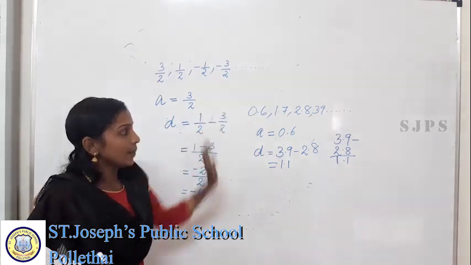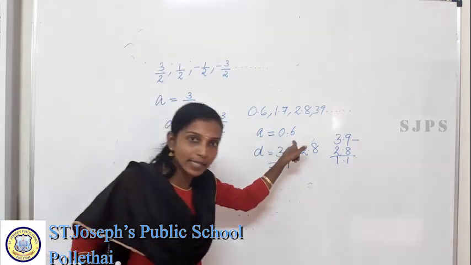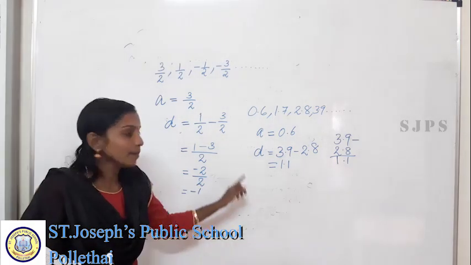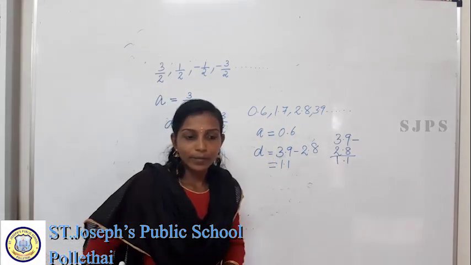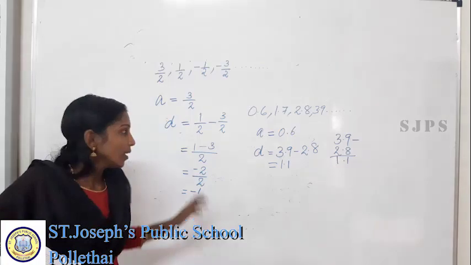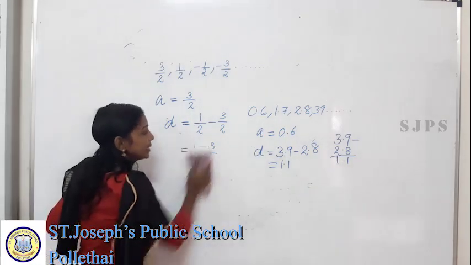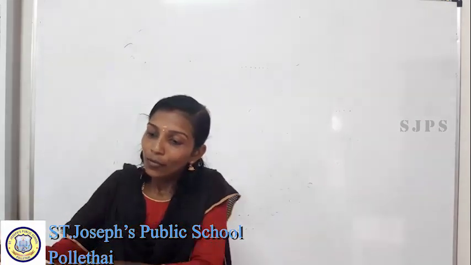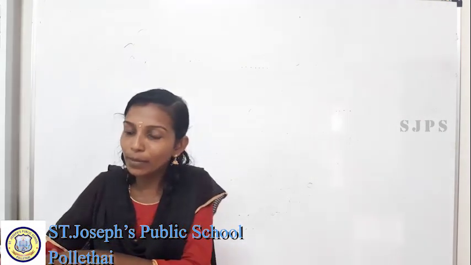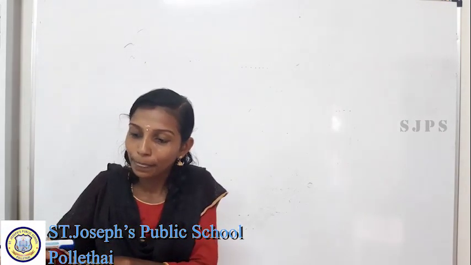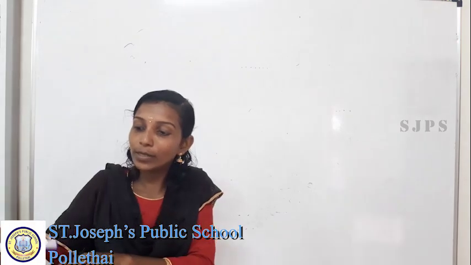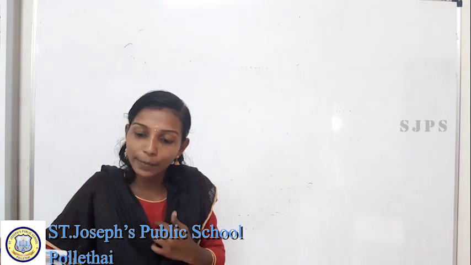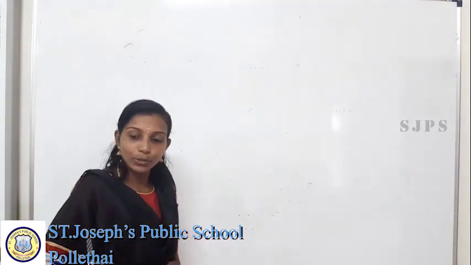So in this AP, 0.6 is the first term and the common difference is 1.1. Okay, we can do the next type of problem. Which of the following lists of numbers form an AP? If they form an AP, write the next two terms.